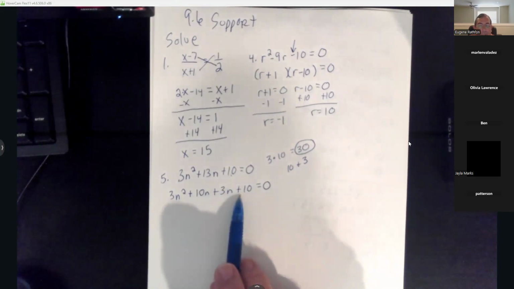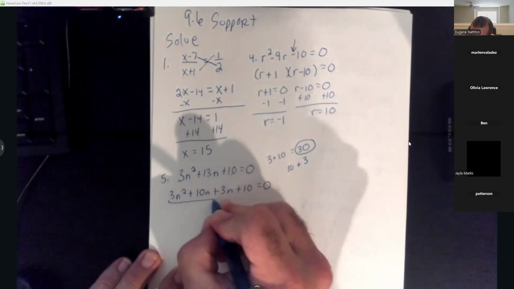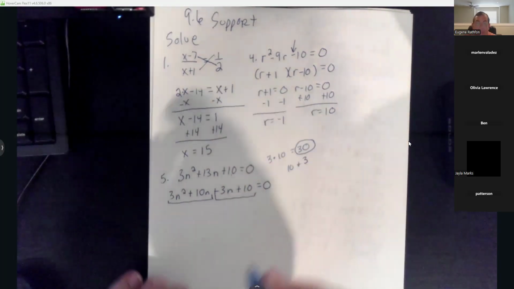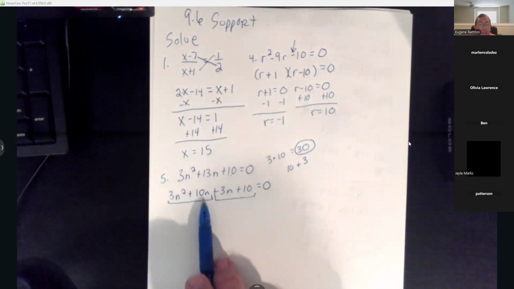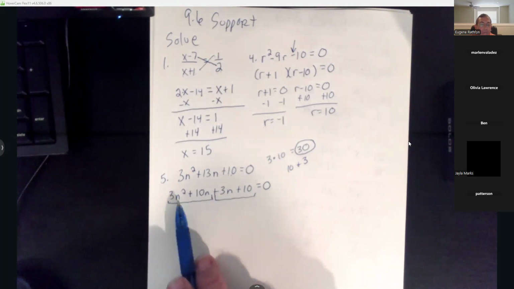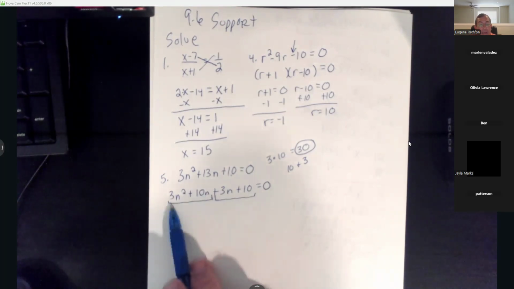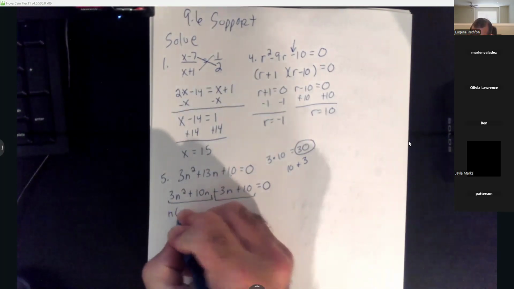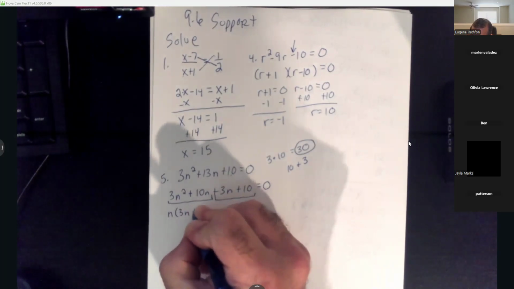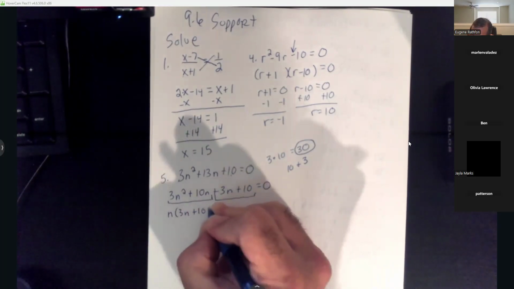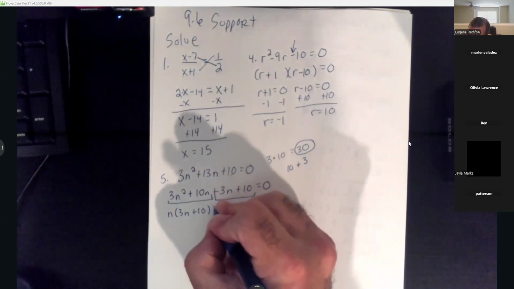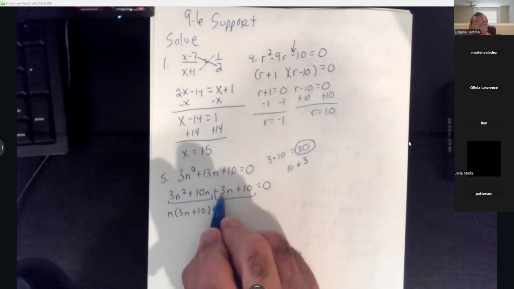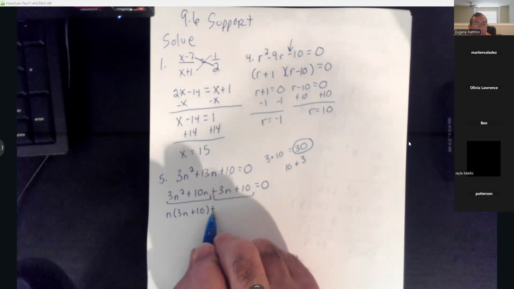So do y'all remember the other day we did the factor by grouping? I grouped the first two terms together and the second two terms together. I'm going to factor out the greatest common factor from each group. So y'all, the first one, the numbers don't have nothing in common, but I got an n squared and an n. So we're going to factor out an n. In parentheses will be a 3n plus 10. Now, the second GCF is positive like the third term here. Since it's positive, the second GCF is positive.